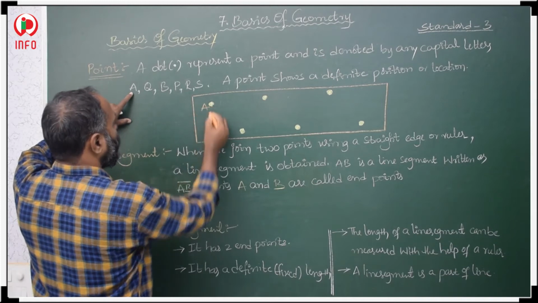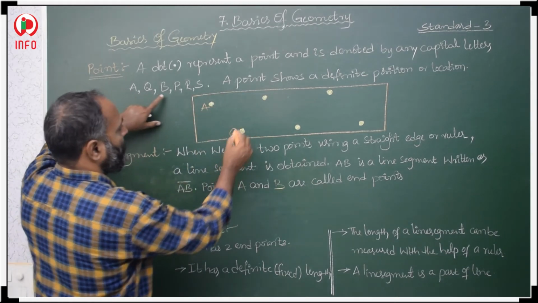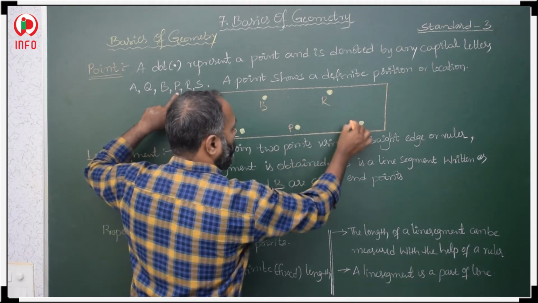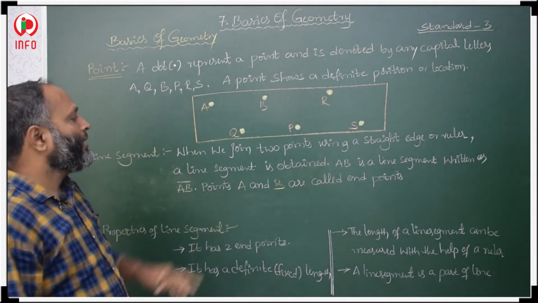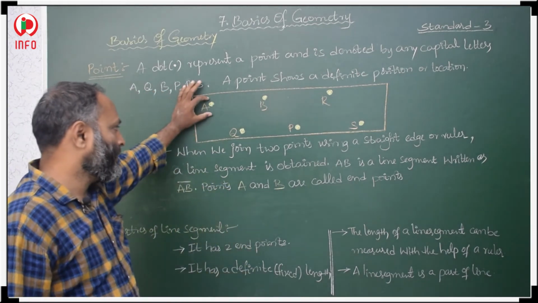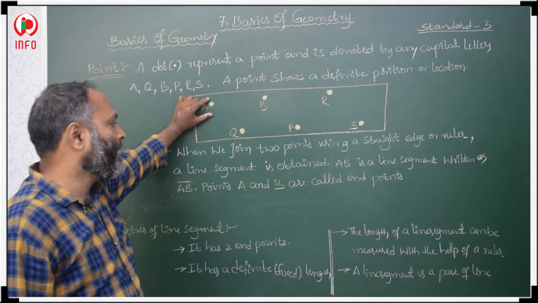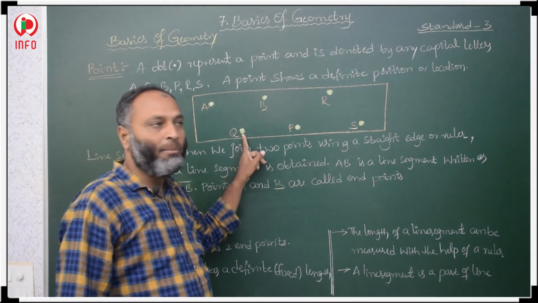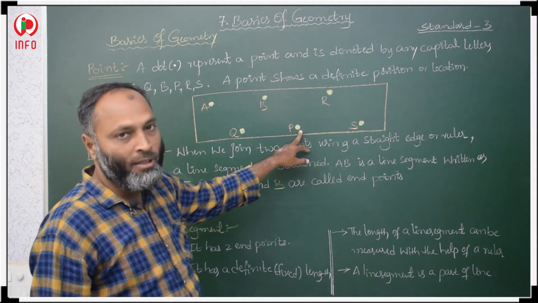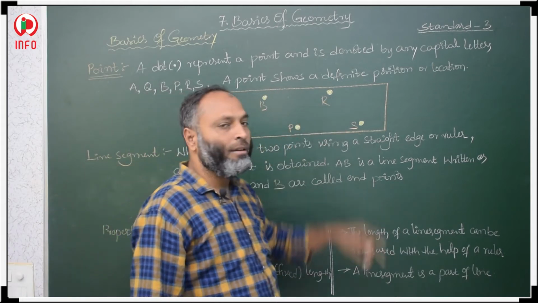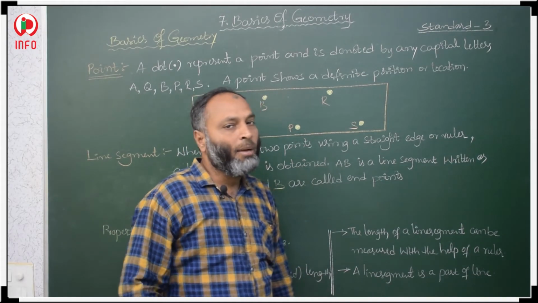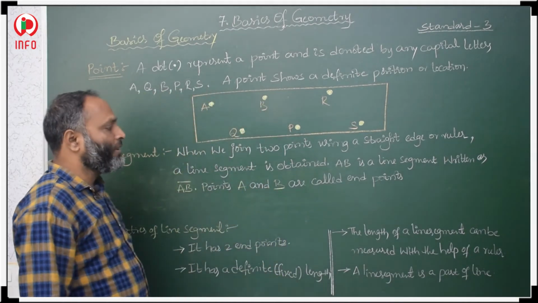The first point is A, the second point is Q, this is B, this is P, capital R, capital S. The first point we represent with capital A, the second with capital Q, the third with capital B, the fourth with capital P, the fifth with capital R, and the sixth with capital S. All these points are represented with capital letters.